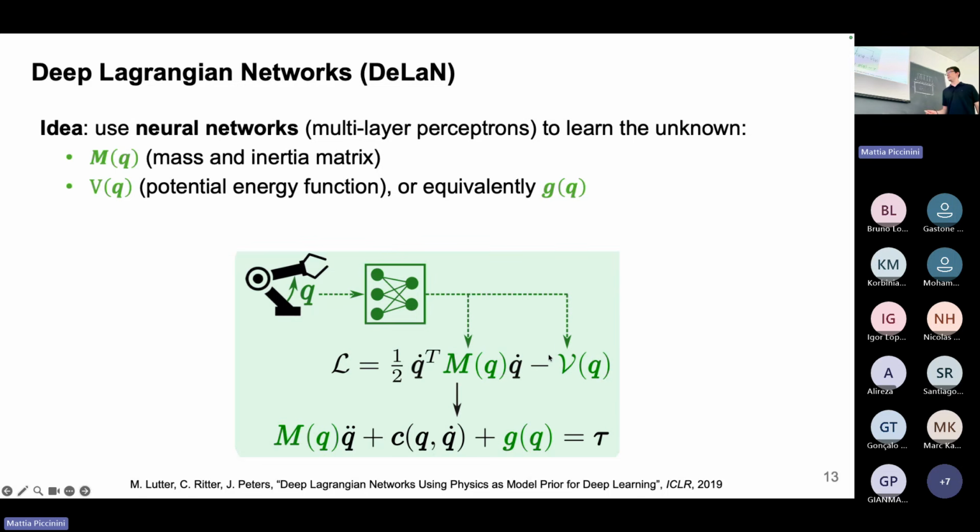Or equivalently, you can learn G directly, since the derivative of V is G. We keep the structure of the Lagrangian, and just learn the hard terms. The mass matrix contains a lot of moments of inertia, very hard to estimate. Let's learn them with neural networks. Same thing for the potential energy.